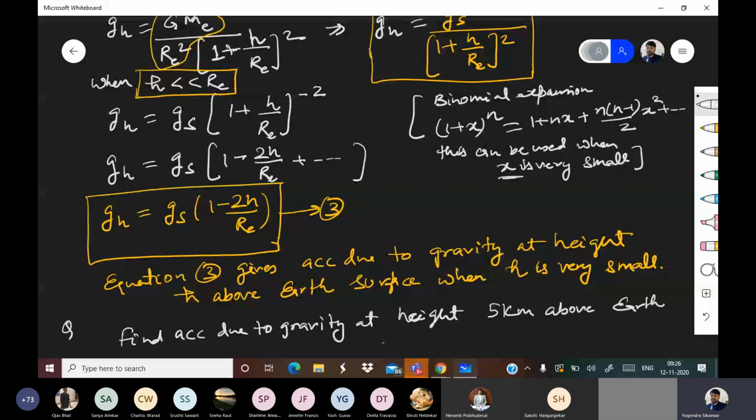Please calculate and tell me. GS you need to take as 9.8 meters per second square. GS means acceleration due to gravity at the surface of Earth. Please calculate and tell me the answers.